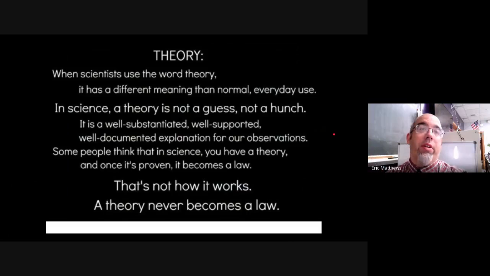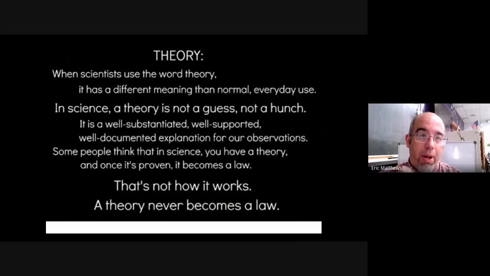All right, so you quite often may hear the idea that it's just a theory. All right, I want everybody to understand very, very clear. A theory in science is not a guess. It's not an idea.